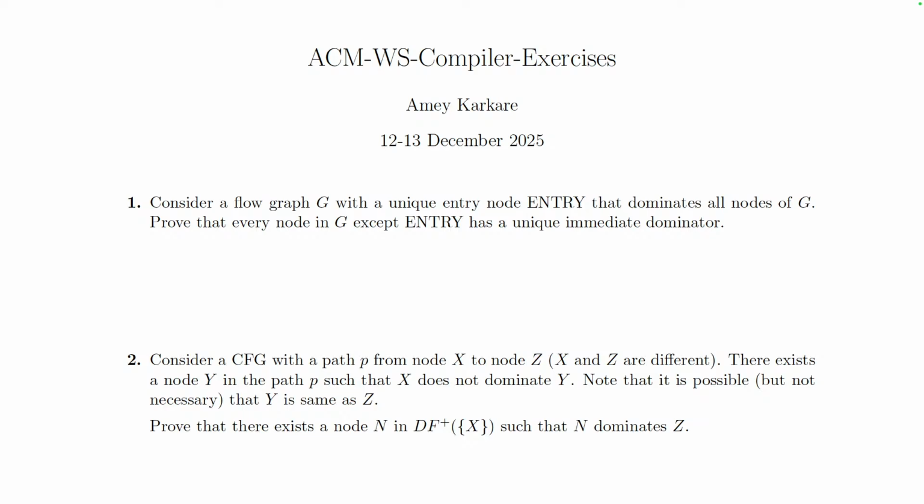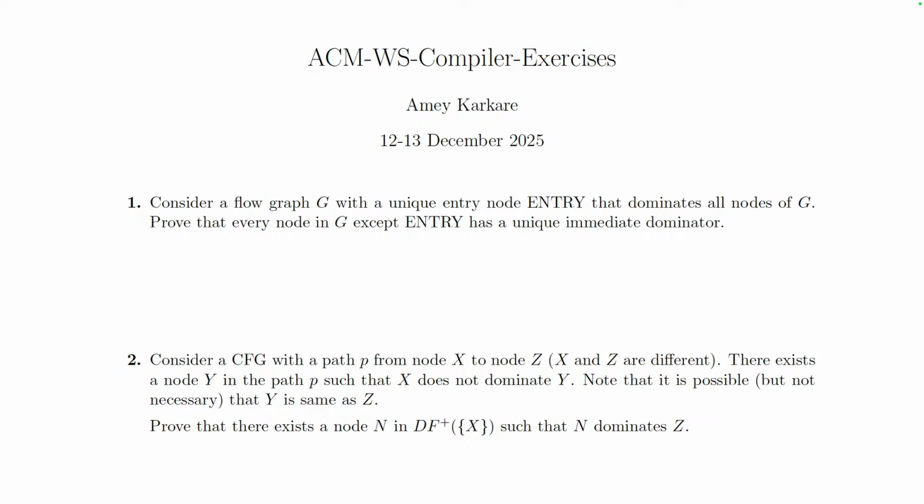No, it does not say anything. It just says x does not dominate y. It does not say y belongs to the dominance frontier of x. That's the thing. We have to prove it. That's the question. And then you can assign n equal to y. No, but then again, you are jumping. Nowhere are we proving y. Are you saying y and z are the same? No. Then you have not proven that y dominates z.